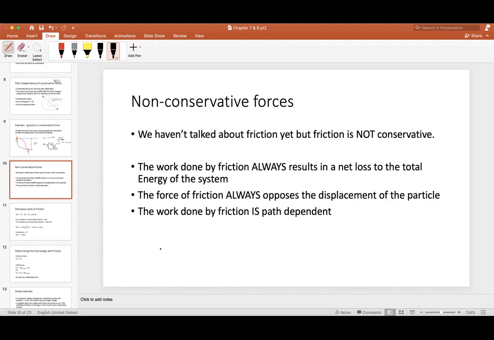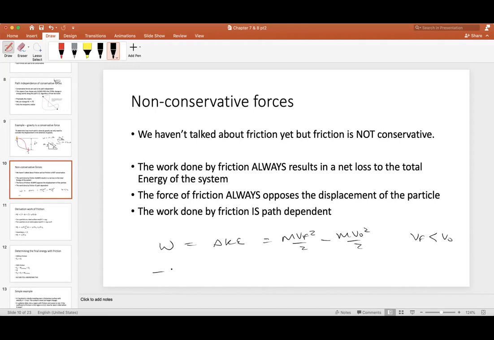Well, we know that the work is equal to the change in kinetic energy. And the change in kinetic energy is m v final squared over 2 minus m v initial squared over 2. But if v final is less than v initial, if something's taking energy out, it slows it down. In order for this work to be negative, v initial has to be greater than v final.